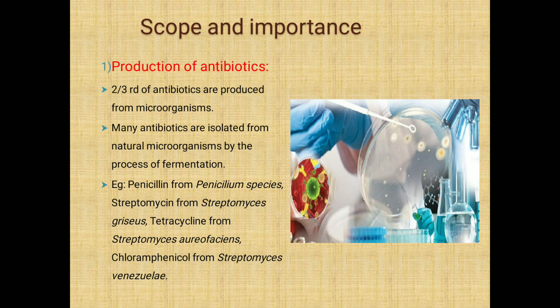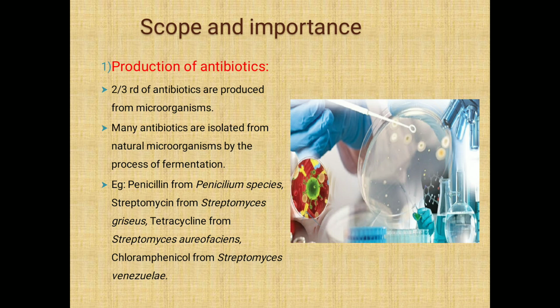Now, what is the scope and importance of pharmaceutical microbiology that we will see? Before understanding the scope and importance, firstly we will see the different beneficial roles of microorganisms as well as the harmful roles. Some microbial species are beneficial to human beings, and some microorganisms are harmful to human beings.